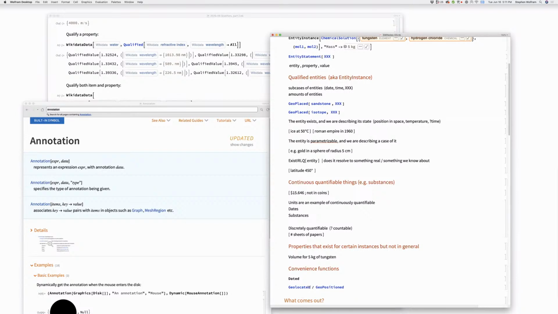Then something like substance. It really would like to be a past participle like that. Well, let's say, amount quantified or something. Bad name, but something like that. And those are the wrappers.